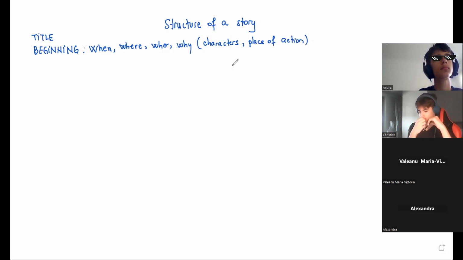Okay. In the main paragraph, when you start telling what happened, you go to the problem of your story. We have the main paragraph. The character deals with the problem.